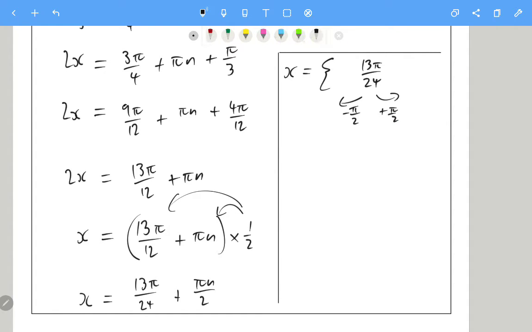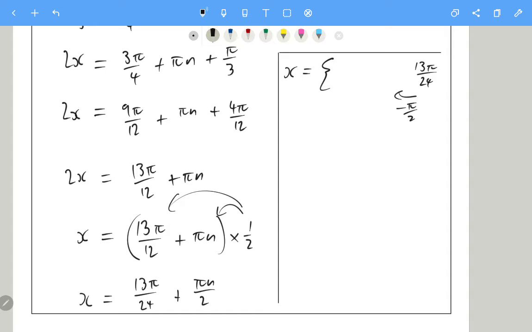That's what this thing down here means: add or subtract pi on 2 as many times as you like. So the first thing I want to do is find the first negative one, because I need to find the first three positive ones. So let's start with 13 pi on 24, and let's subtract pi on 2.